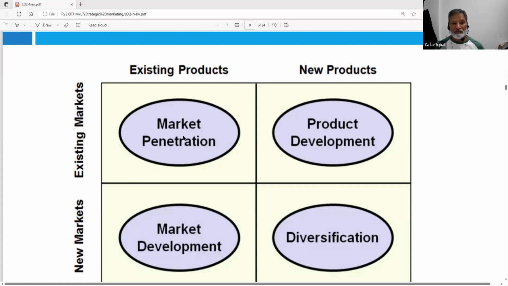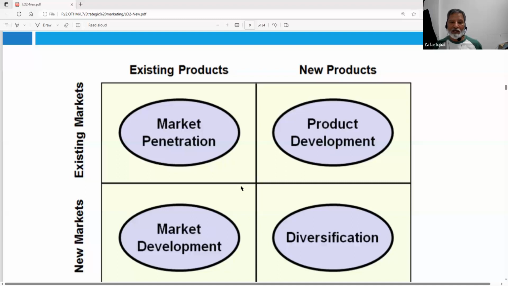Okay, if you can't go into the existing markets and existing products, then you need to go into this particular direction, or you can go to this angle, which is completely new products into the new markets, which is complete diversification. Okay, and this is a bit risky, this is safer.